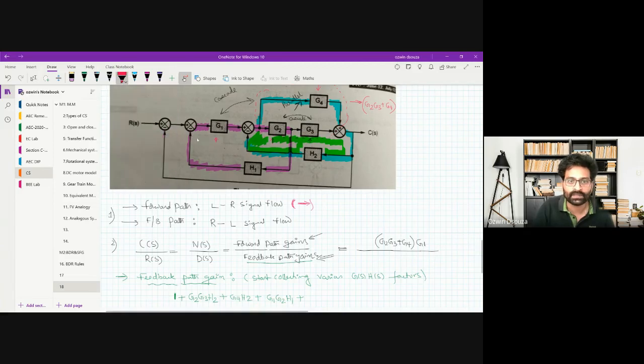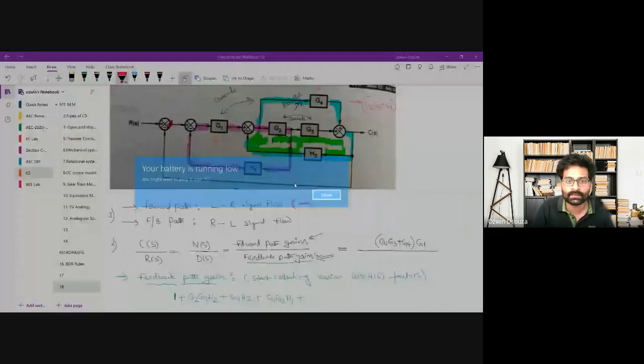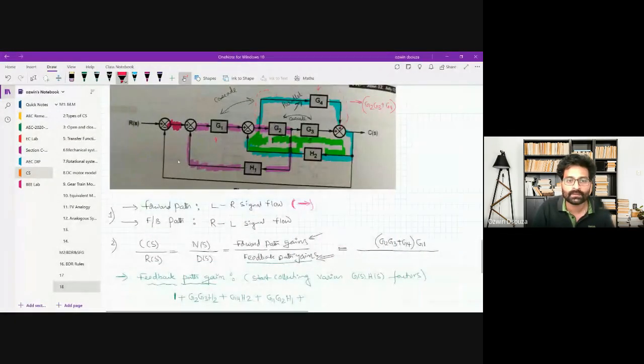Red color will use. So that is this one, the outer loop.